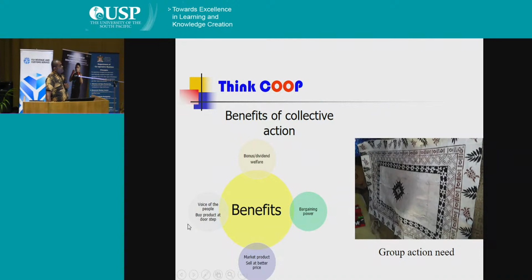We also have the voice of a people heard, buying at their doorstep. It also kills monopoly. Those who are? Yeah. They are called first mover.